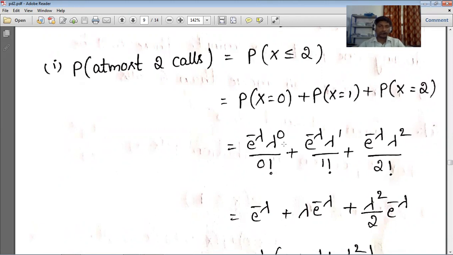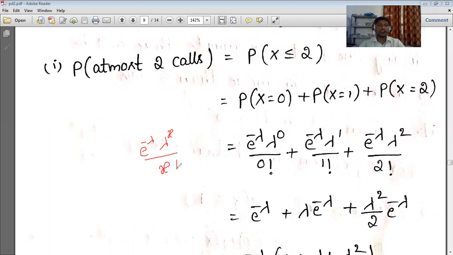And next, when x is equal to 1, so this is x is equal to 0, so simply in this formula we are substituting e power minus lambda, lambda power x by x factorial. So here in place of x we substituted 0, and in place of x here also the same 0. Next, in place of x what we have 1, so for that we substituted 1 and 1 factorial. Next, in place of x what we have 2, so for that 2 and 2 factorial.